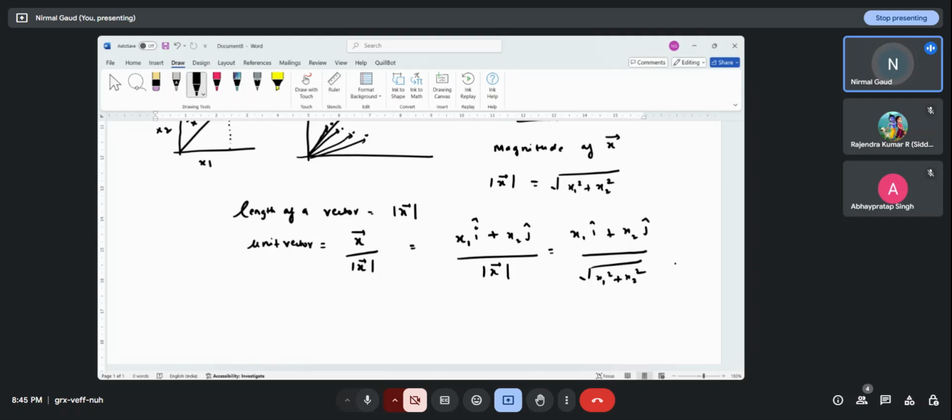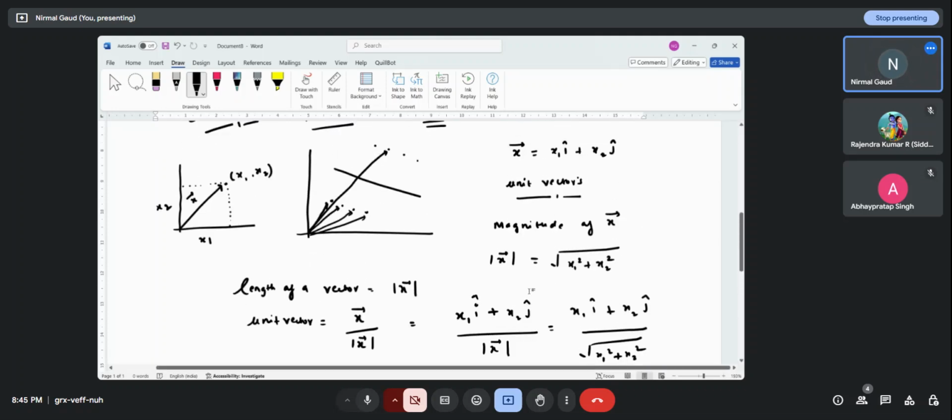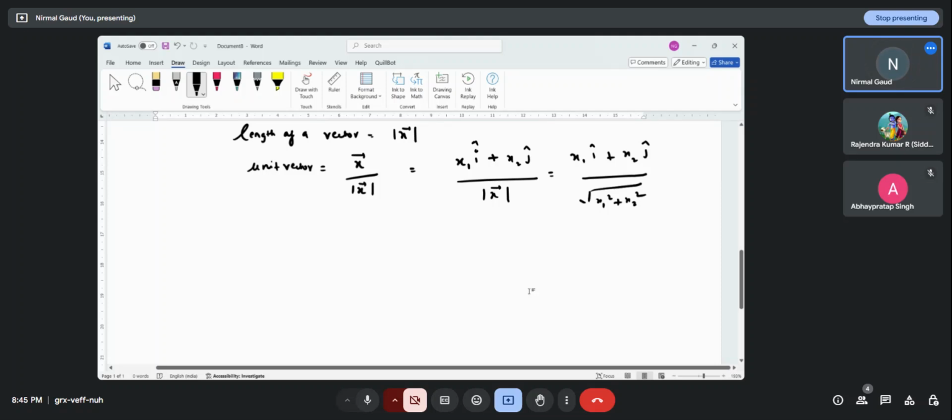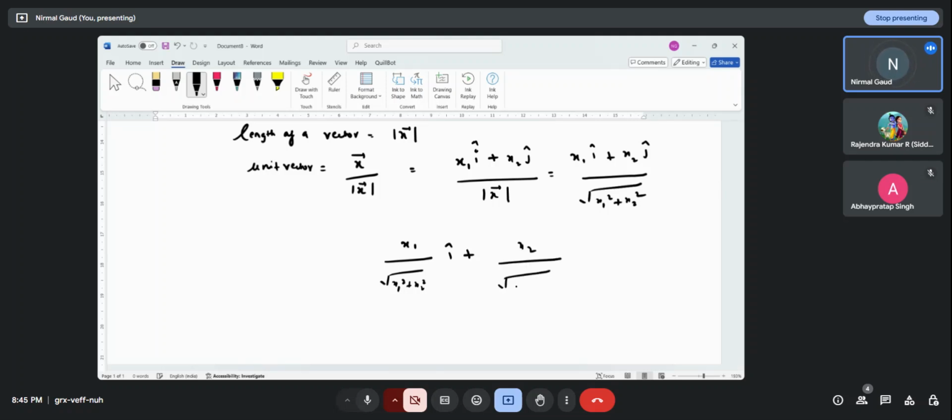Since we are dealing with an algorithm which is having a vector word in it, right now we are just trying to understand the basics of vectors. Okay, so I can just split it like x1 upon under root of x1 square plus x2 square i cap plus x2 upon under root of x1 square plus x2 square j cap.